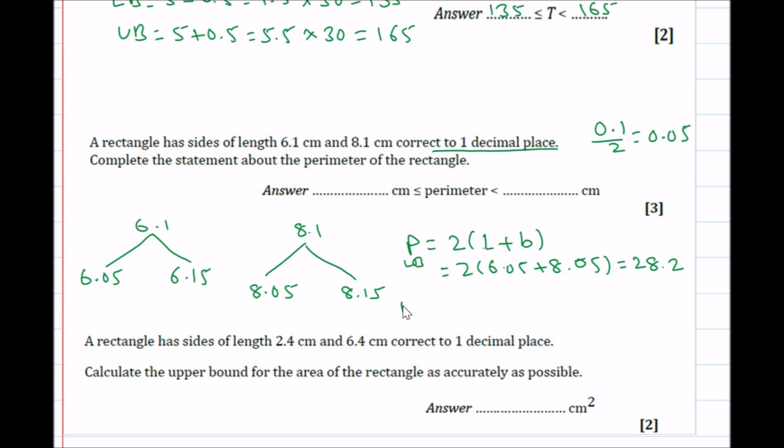If you have to find the perimeter upper bound, then you will take both upper bounds, I am talking about 8.15 and 6.15. So 6.15 plus 8.15, and if you multiply out with 2, that gives us 28.6.